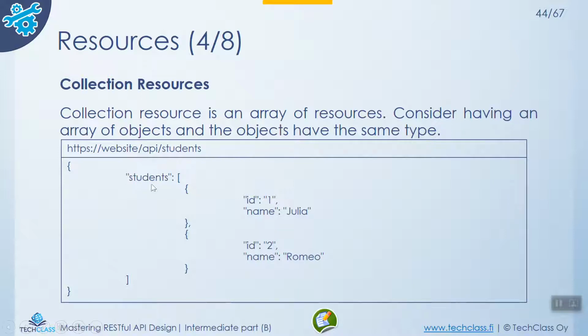So our students model or resource has 2 fields or properties, ID and name. This is actually a JSON object here that you can see.